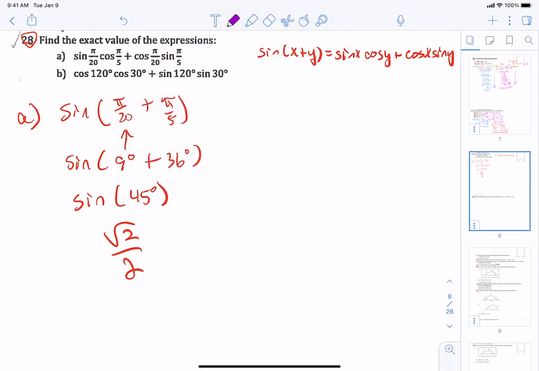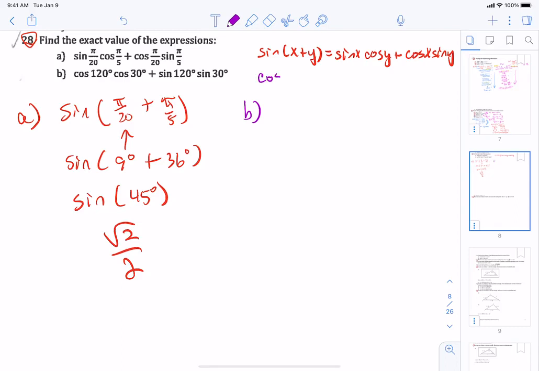Now let's look at B. If you look again up on the board, you're looking for the formula that goes cosine, cosine, sine, sine. Well, if we look at the formulas, that is the cosine formula, the one that has the plus on the right side and actually has a minus on the left.